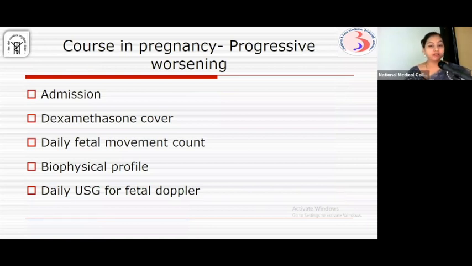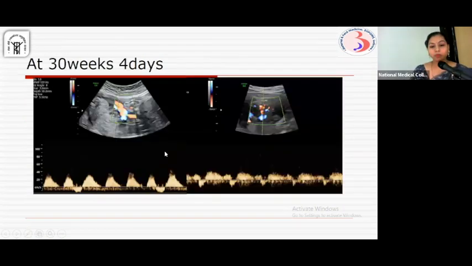Hence the patient was counseled for admission, and the patient got admitted. Steroid coverage was given. The patient was asked to keep a fetal movement count. Biophysical profile was done to look at fetal status, and also daily Doppler.